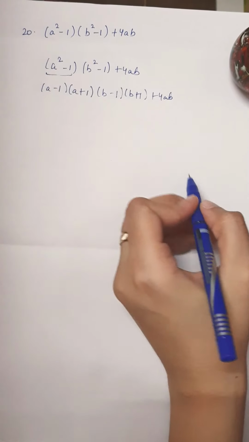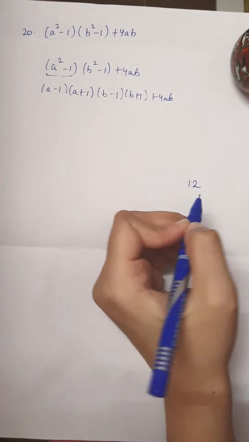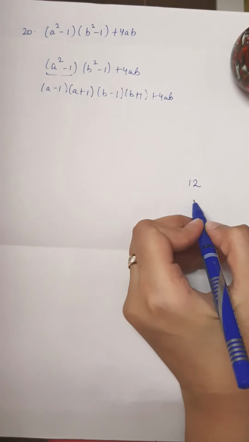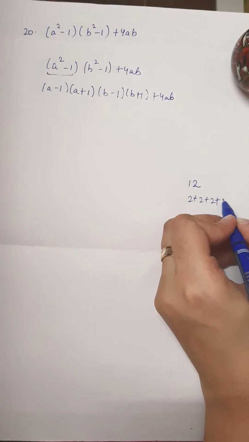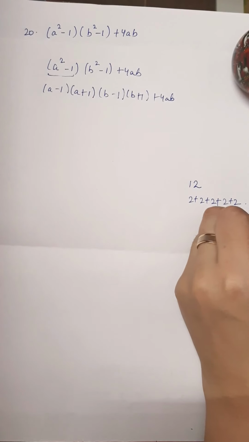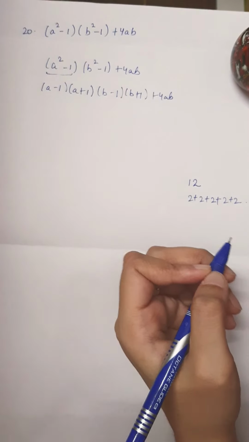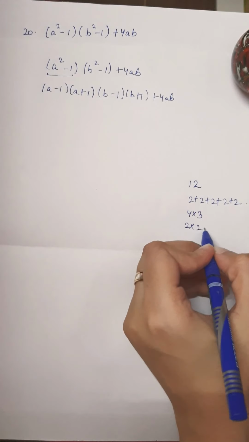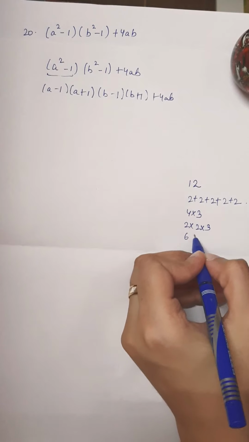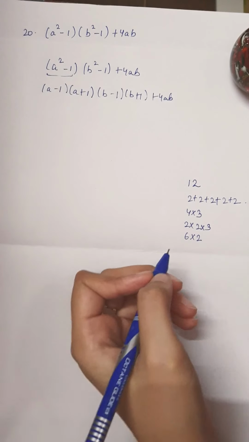For example, if I say I want you to factorize 12, so will you write 2 plus 2 plus 2 plus 2 plus 2 number of times till 12 completes, or you will write 4 into 3 or 2 into 2 into 3, or you will write 6 into 2 and so on.